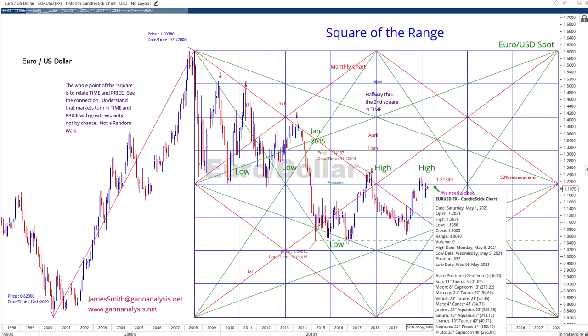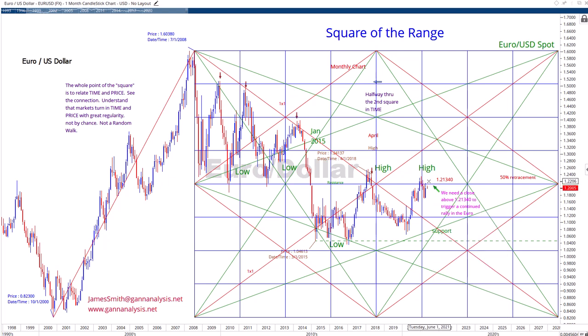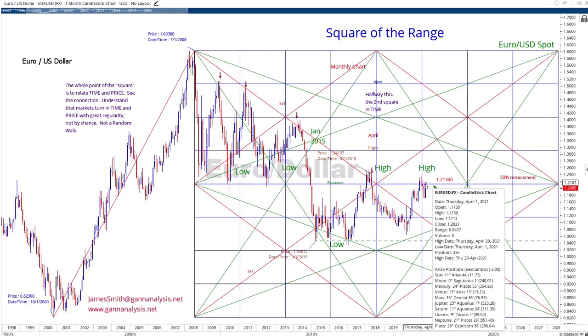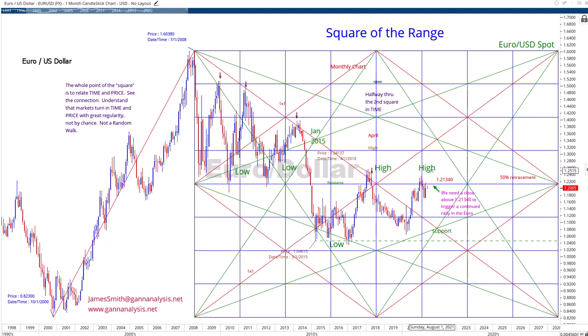So it would be ill-advised to buy the euro right here, right now. Doesn't mean it won't blow through this tomorrow and go higher. You know, I'm just saying, keep an eye on this. If you short the euro and you see it close above 1.21340, you probably have to cover your short or risk a move up here to the 1.30 area.